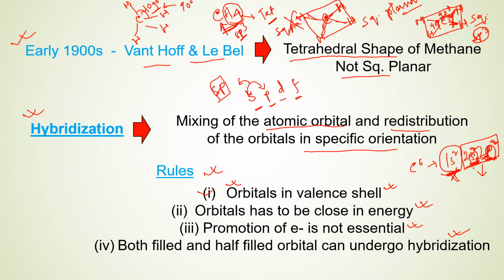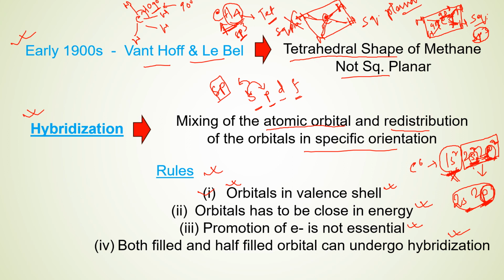If the 2p is empty, it cannot undergo hybridization with 2s. The 2s and 2p both have to be filled or half-filled, then only can they undergo hybridization.